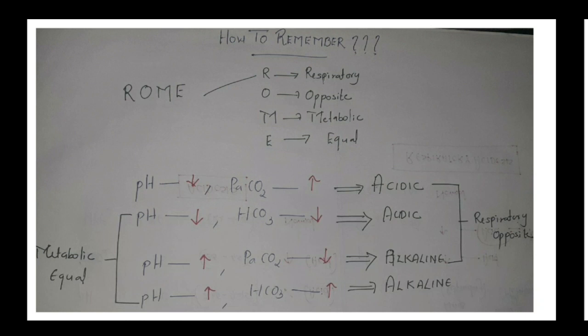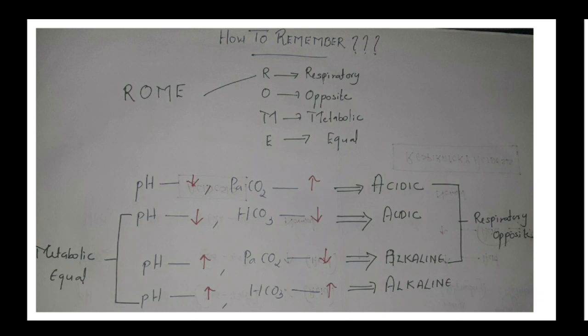If pH is more and PCO2 is less, it is alkaline. That is respiratory opposite, because we had studied initially that carbon dioxide is related to the lungs. So pH less, it should be opposite: PCO2 should be high. It means it is acidic. If pH is more, then PCO2 should be less, then it is alkaline.